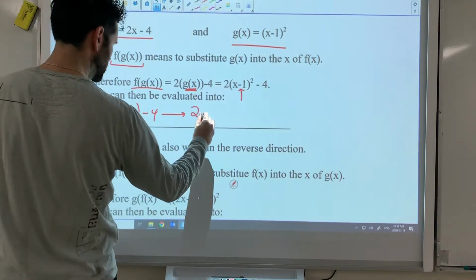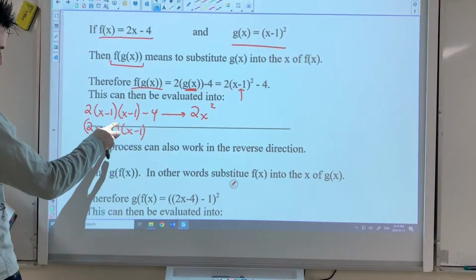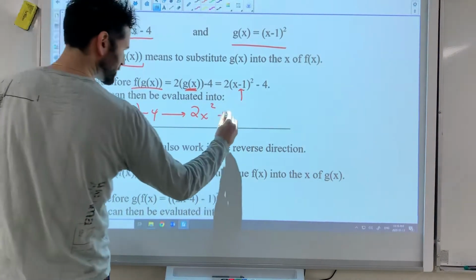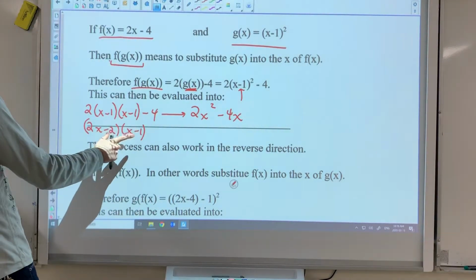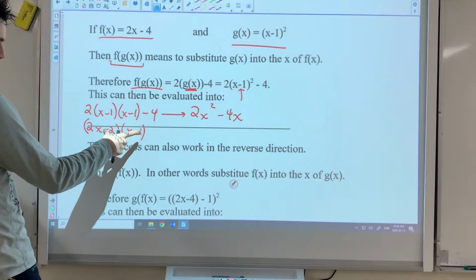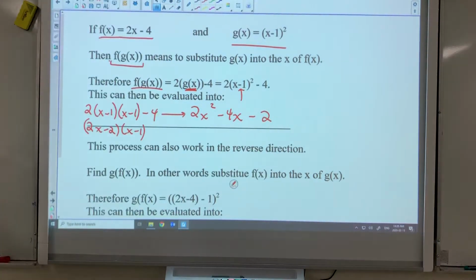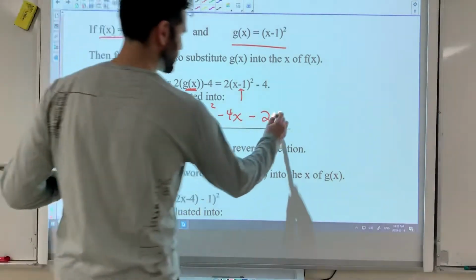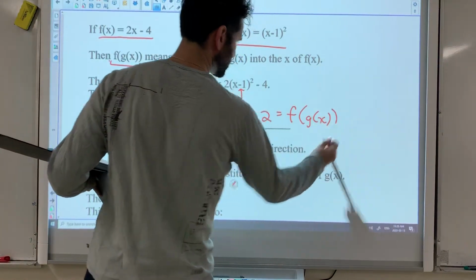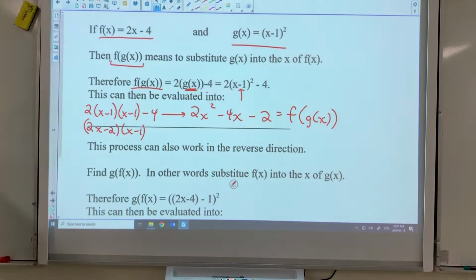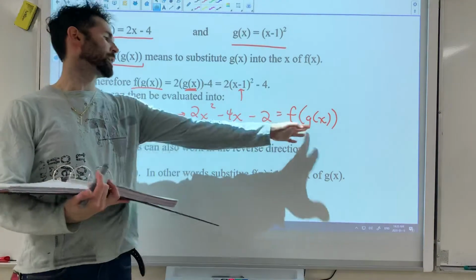I would get 2x squared, and then I get a negative 2x, another negative 2x, so I have negative 4x, and then negative 2 times negative 1 is plus 2, subtract 4 is negative 2. So this would equal f of g of x. So now you have an algebraic function for f of g of x.